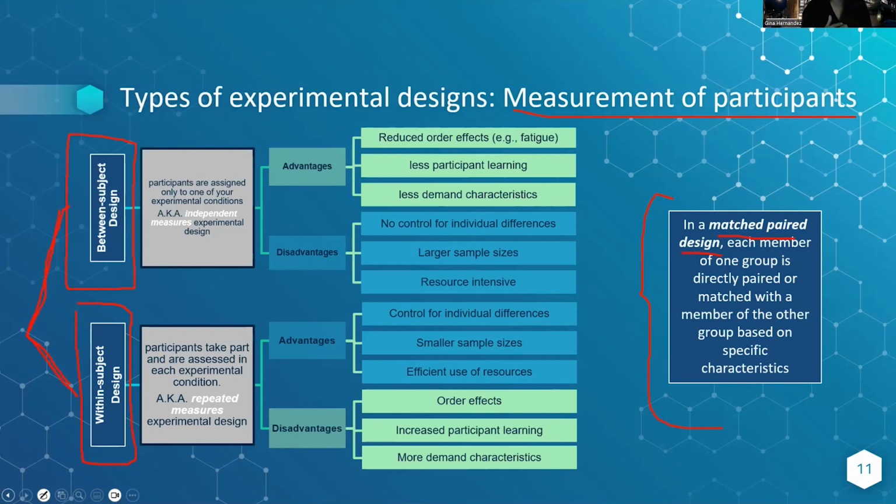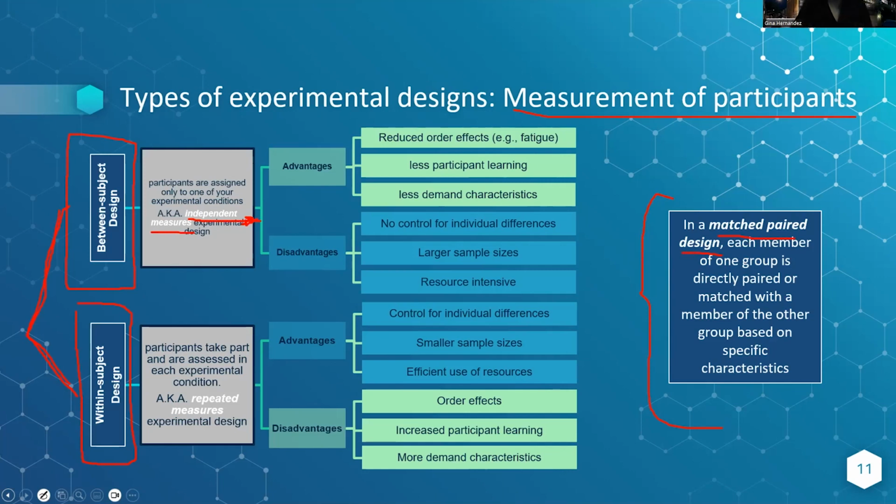We compare between subjects. We compare between groups. This design is also called independent measures design, because you only have one measure for each participant. This is why they are called independent measures.